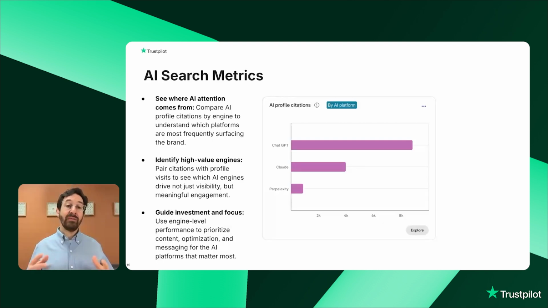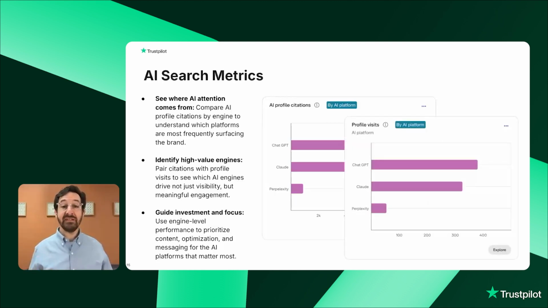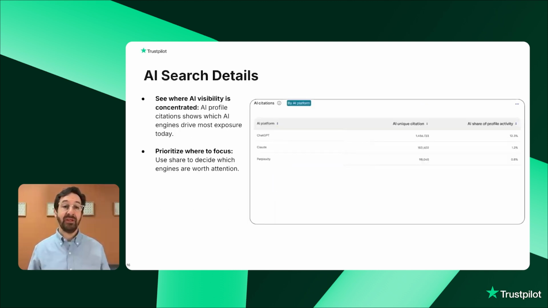As I mentioned, we're measuring ChatGPT, Claude, and Perplexity, so we're breaking the data out and showing you the citations for each of those systems, as well as the visits coming from each of those systems as well, right? So this is really nice because you get a sense of how often you are appearing in the answers with the AI profile citations metric, and then is that translating into traffic to your profile page? Are people clicking on those citations within the answers and visiting your profile to actually read more information?